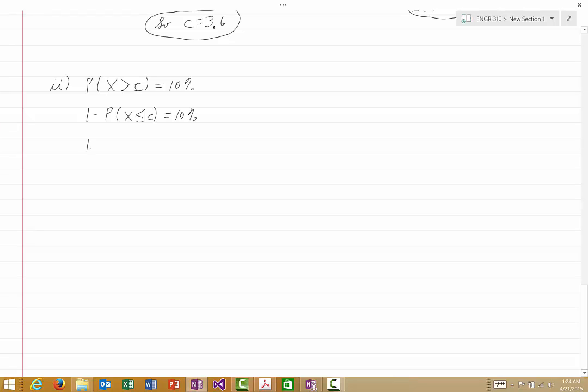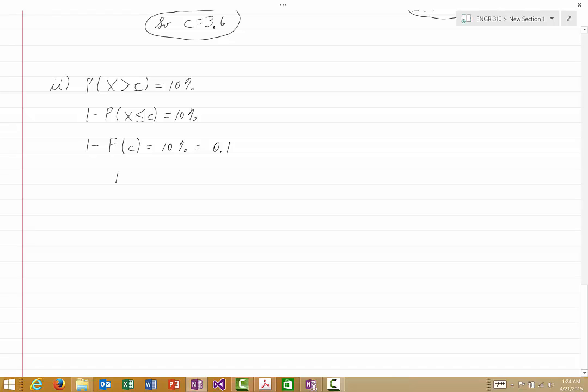And of course, once we've written it in that way, then we know that that is capital F of C. And now if we do just a little bit of algebra, we need to write this 10% as 0.1.